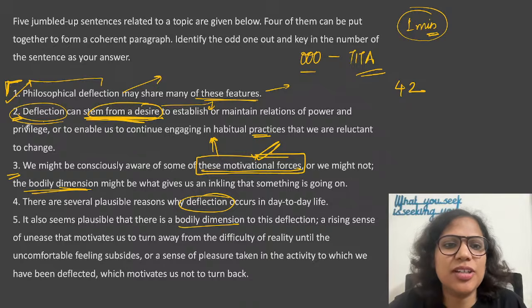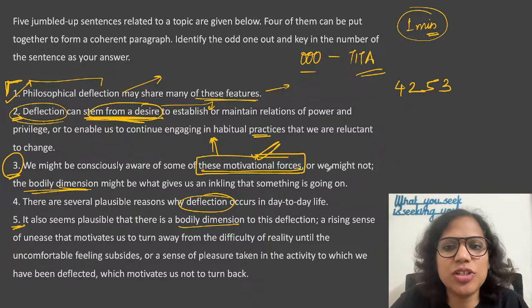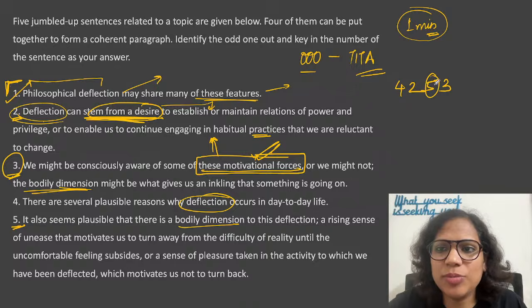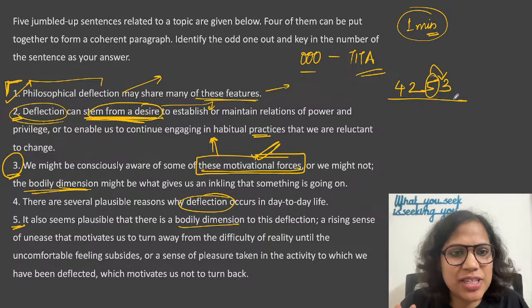Deflection can stem from this. It also seems plausible that there is a bodily dimension. We might be consciously aware of some of these motivational forces, and we might not. The bodily dimension we just discussed will give an inkling. So this is the sequence, in case you are looking for the sequence, right? I hope this makes sense.